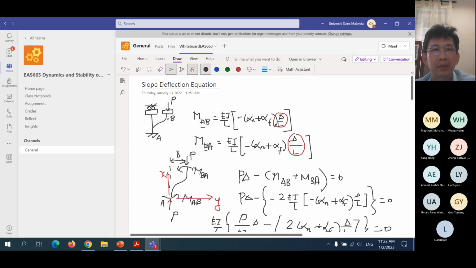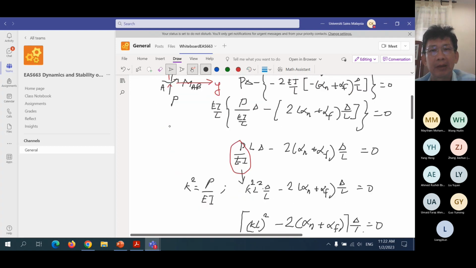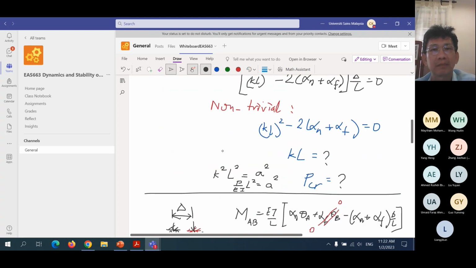The effective length for this problem is L. So if the effective length is L, then we know that the P critical is pi square EI over L effective square, meaning L square. So we know the solution is this.